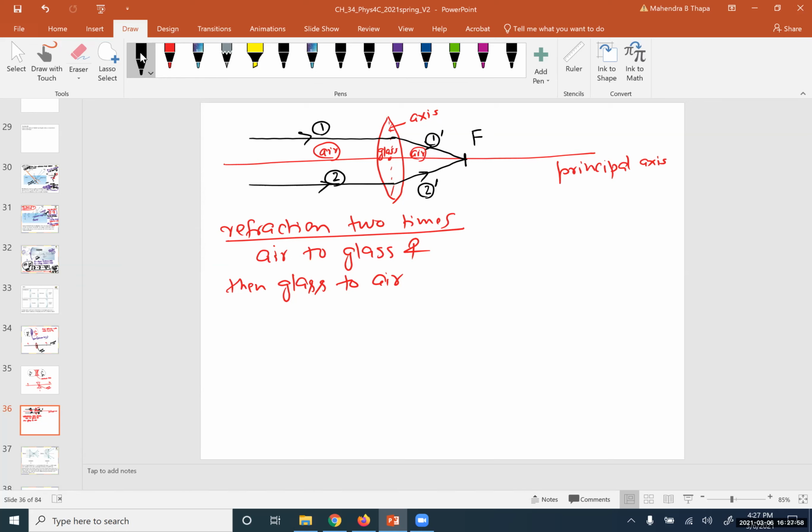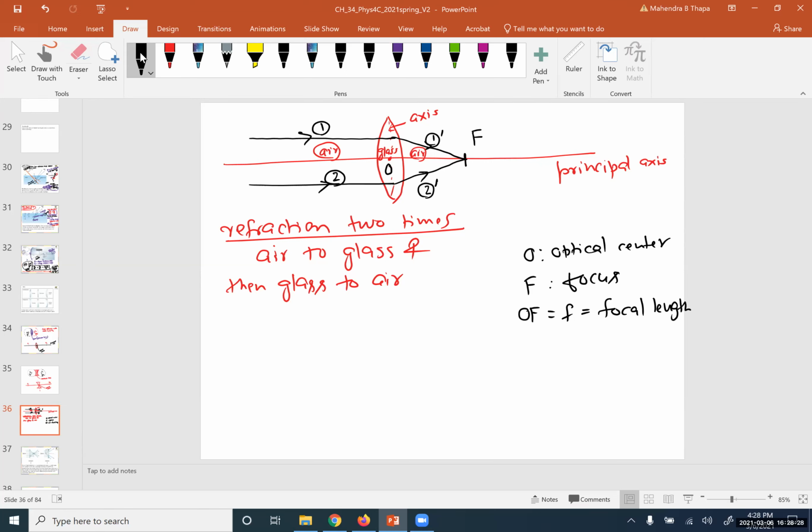But be careful: O is the optical center and F is the focus. In this picture, OF equal to small f is the focal length.